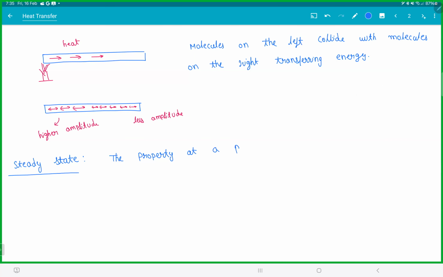The property at a point does not change with time. But different points can have different velocities. A property can change with position but cannot change with time.